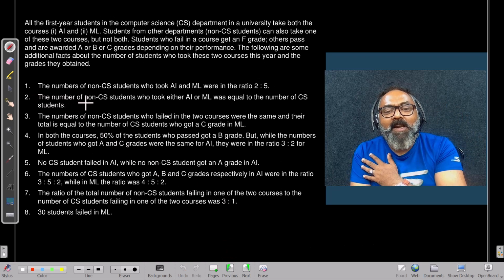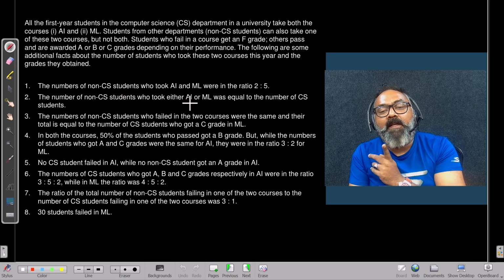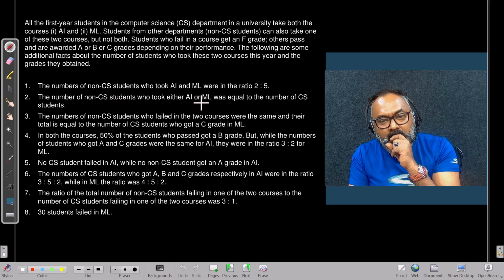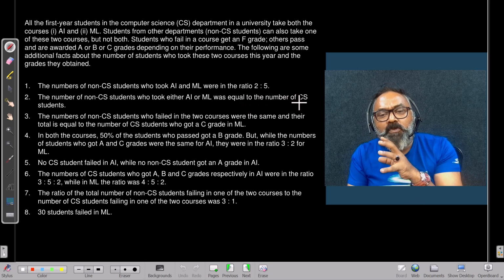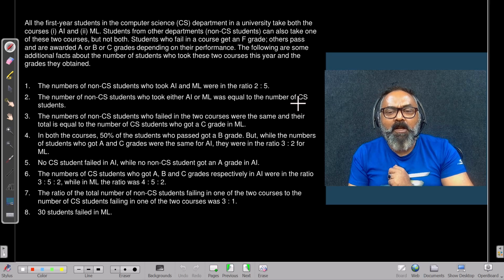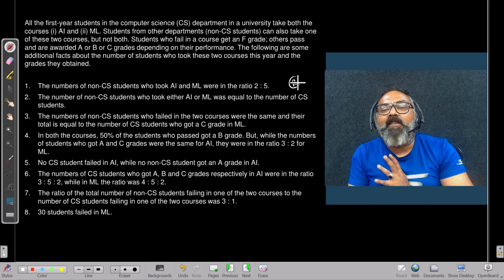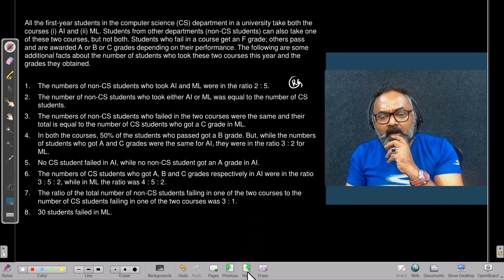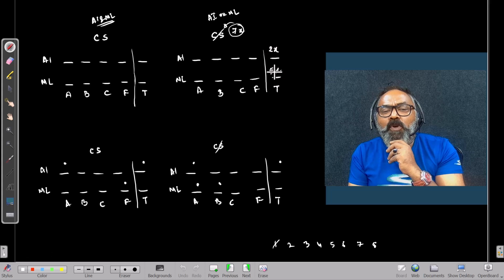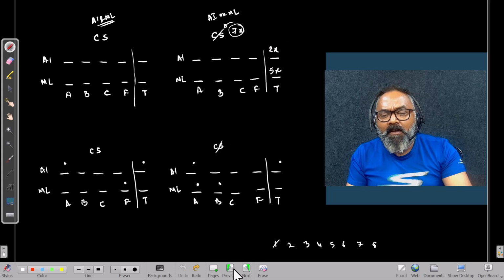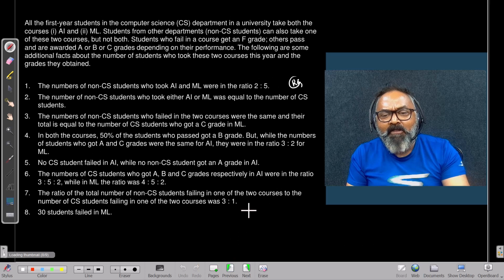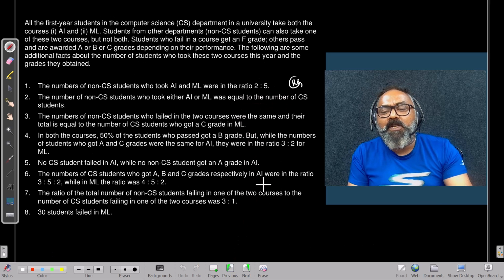So one is done. The number of non-CS students who took either AI or ML was equal to the number of CS students. What does that mean? This is reading comprehension, nothing else. The number of students who took either AI or ML is simply 7x, and that number is equal to the number of CS students.